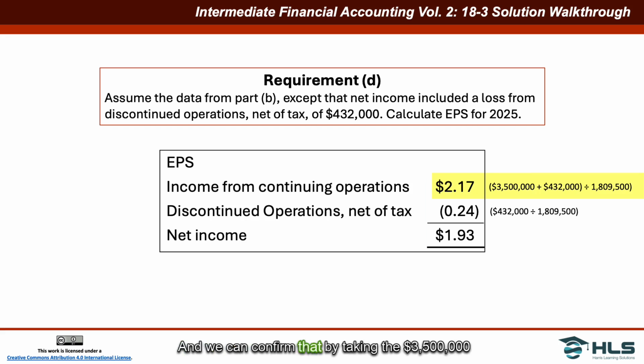Now we can confirm that by taking the $3,500,000 net income and adding back the $432,000 loss, and then dividing the sum by the 1,809,500 weighted average number of common shares.